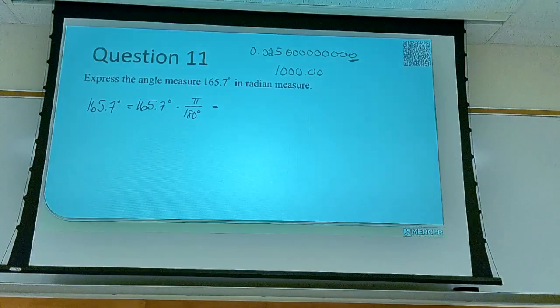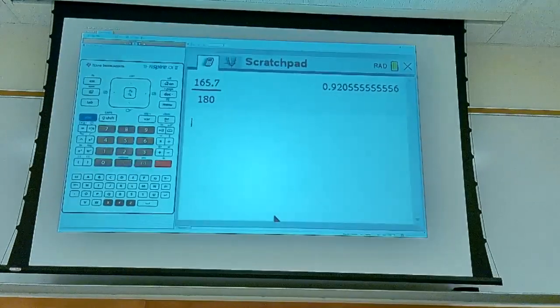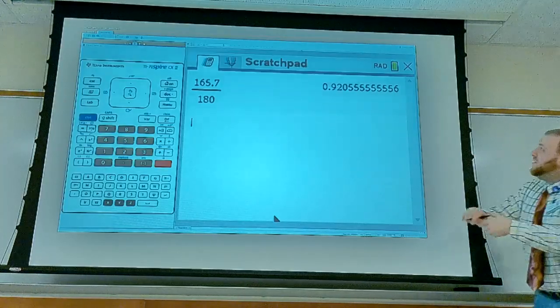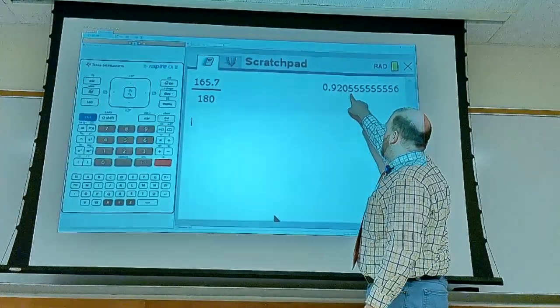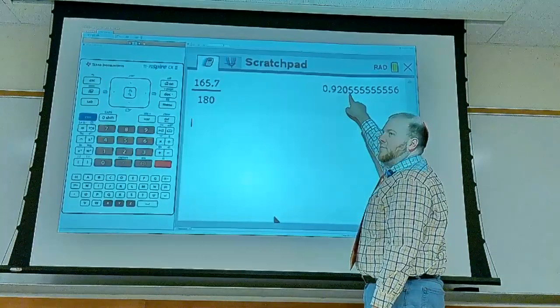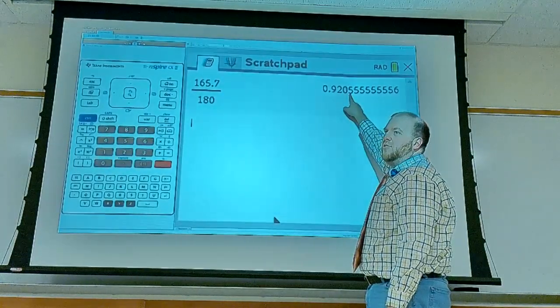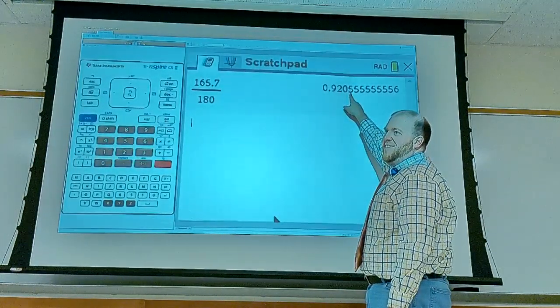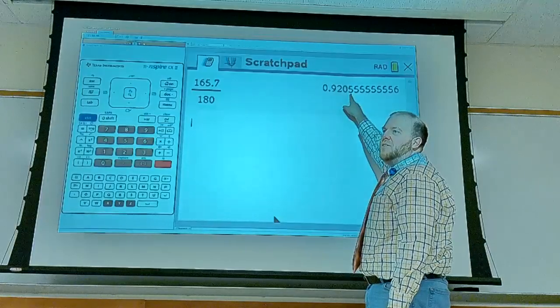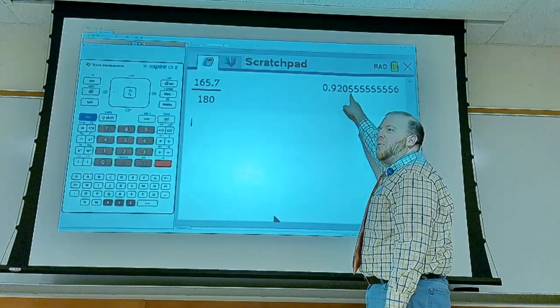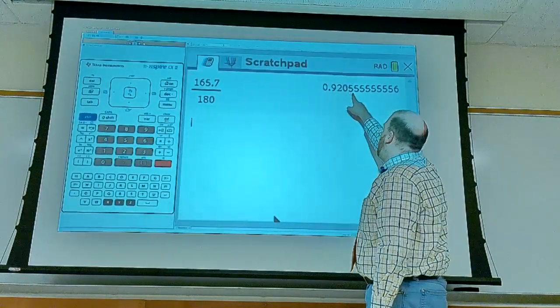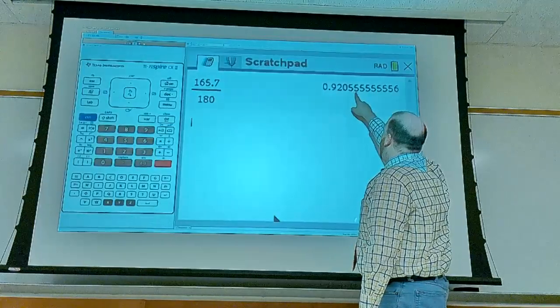All right, so let's go back to the calculator. We need 4 sig figs: 0.9205, 1, 2, 3, 4. But this is going to round to 6. So now you have a rounding rule, which depends on the convention you use.